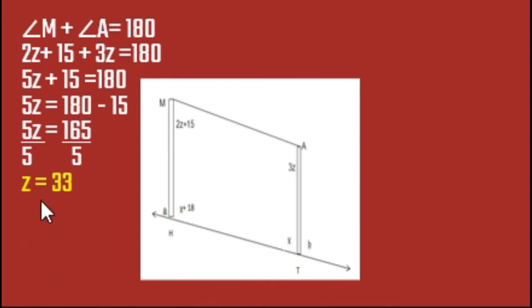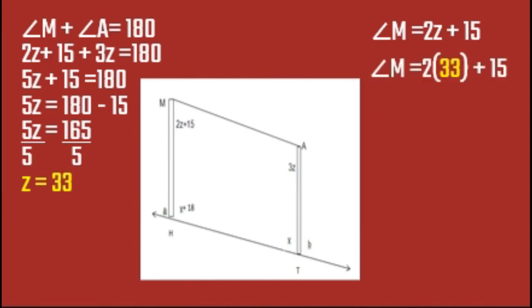Now since we already know the value of z, we can get the measure of angle M. Angle M is 2z plus 15. Let's substitute 33. So angle M is 2 times 33 plus 15. 2 times 33 is 66 plus 15. Angle M is equal to 81.